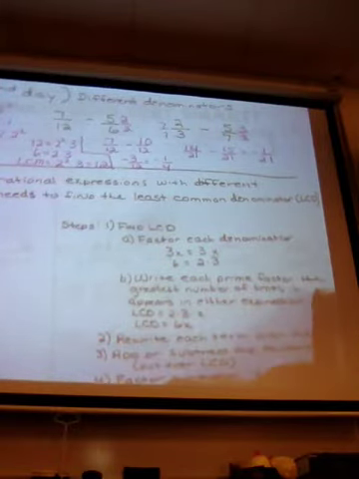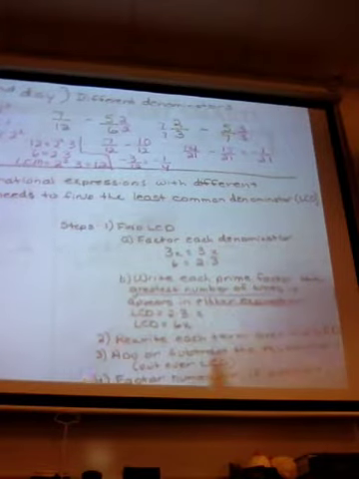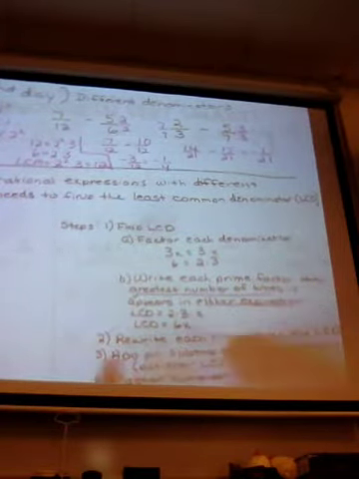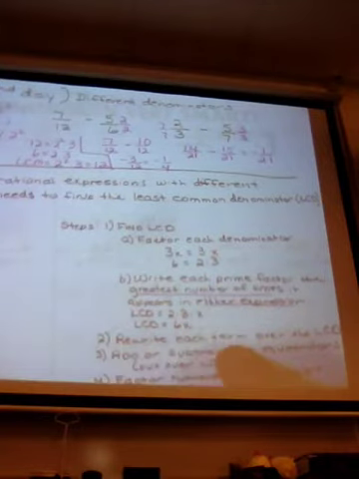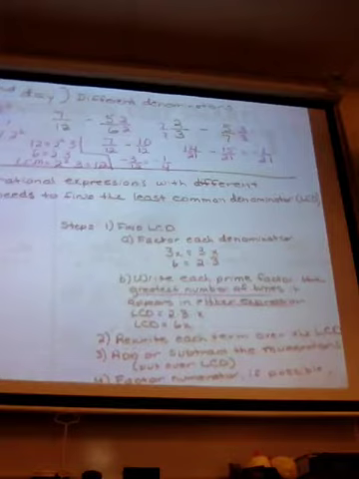Write each prime factor the greatest number of times it appears in either expression. So the 2 appears once, the 3 appears once, the x appears once. So my LCD is 6x.